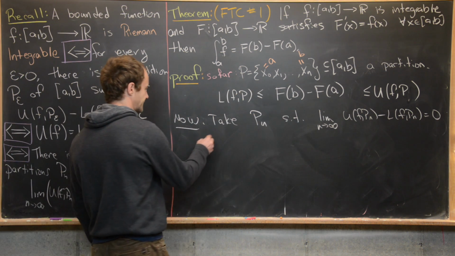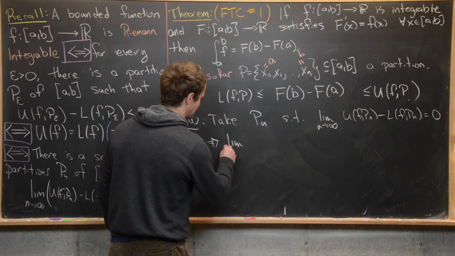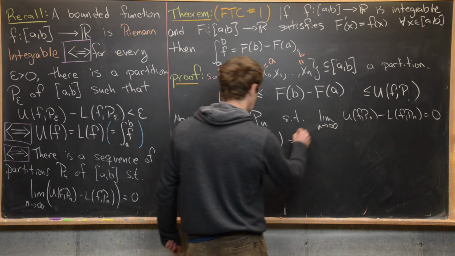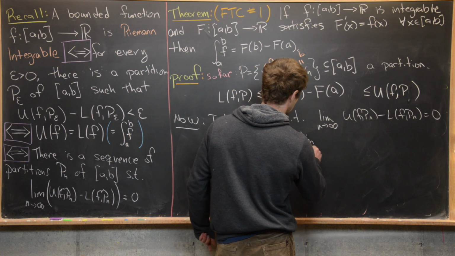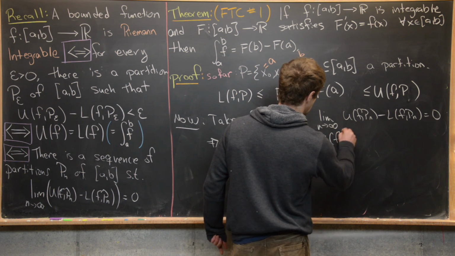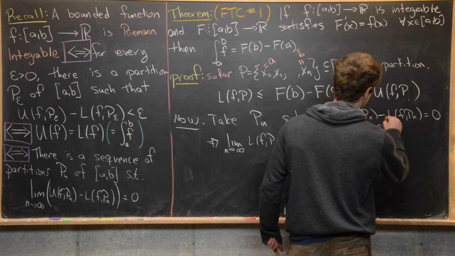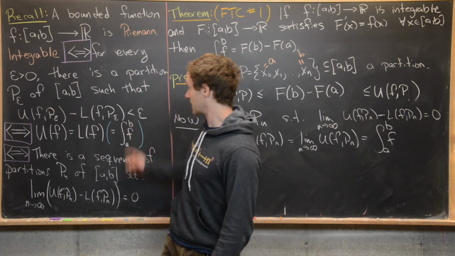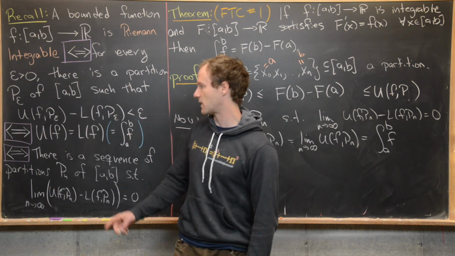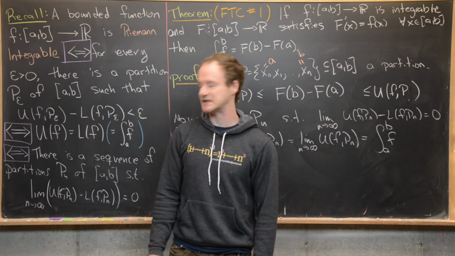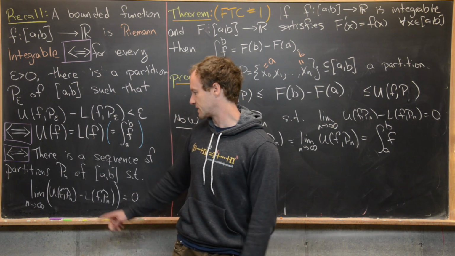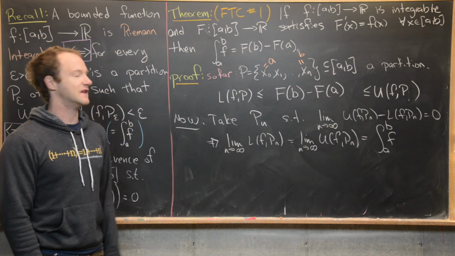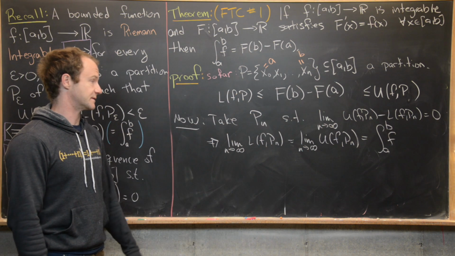But what follows from that is that the limit as n goes to infinity of Lf(Pn) is equal to the limit as n goes to infinity of Uf(Pn), which is equal to the integral itself. So this doesn't follow exactly from all of the statements over here. Well, it does follow from the statements over here, but it isn't explicitly stated. The fact that this limit is equal to 0 doesn't mean those two limits even exist. But suffice it to say they do exist and they're equal to the integral themselves.